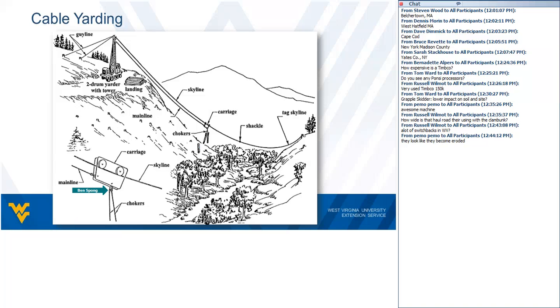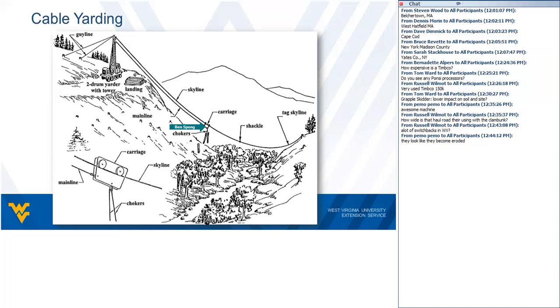And then the second line here, the lower one, this is called the main line. And the main line is used to pull that carriage back up to the landing. Once those logs are at the landing, they'll lower the Skyline again, unhook them, and they have them on the roadside. Once they have them unhooked, they'll raise the Skyline again, and gravity will pull the carriage back out down here, and they'll pick up the next group of logs.